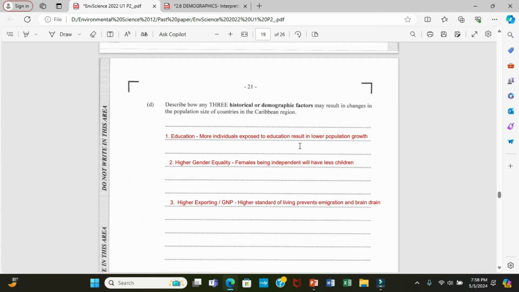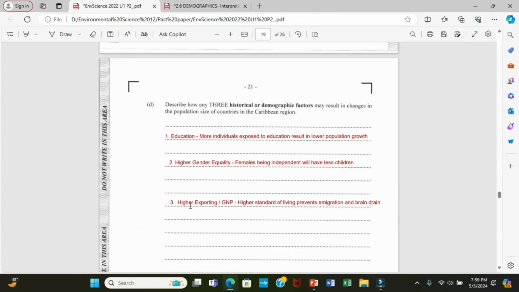Most of the Caribbean countries right now are educated, and the growth rate is slower than usual. We also know about gender equality. We have more gender equality now, and females are more independent. There is less population growth, fewer children being born than previously.